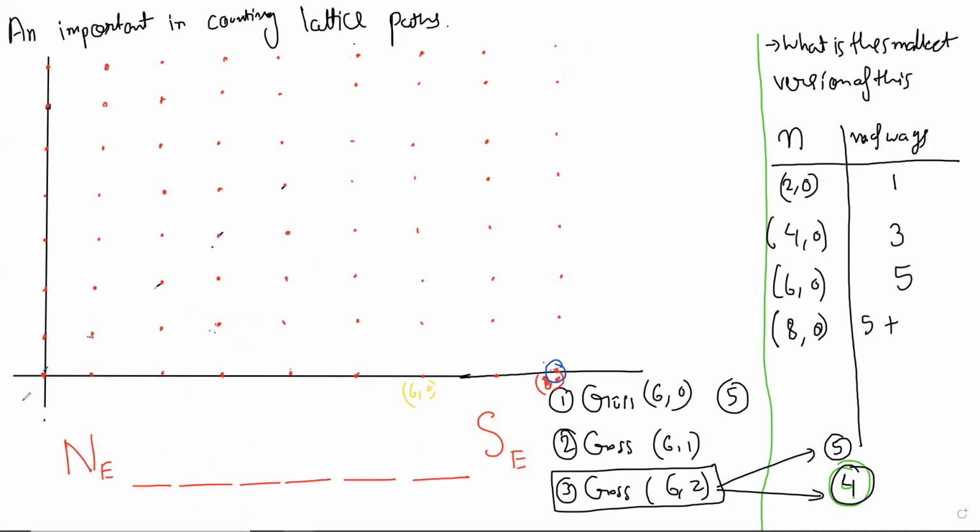The question is very clear: we want to go from 0,0 to 8,0, but we want to pass through 6,1, and we don't want to go below the x-axis. Is this even possible? That's right, it's not possible. You can just convince yourself. How will you go from here? Right. Okay. So the answer is 14. For this case, the answer is 14.